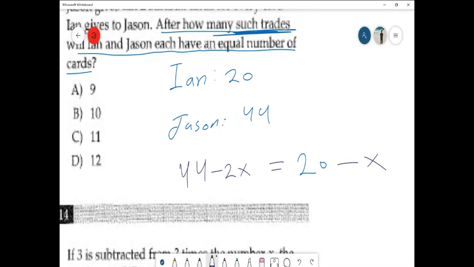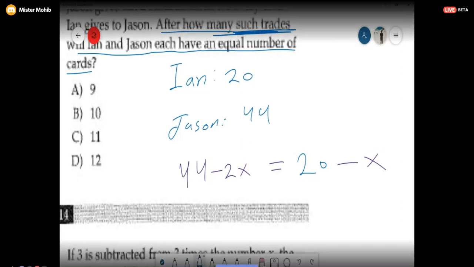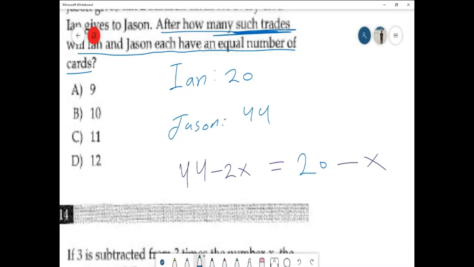Jason gives 2 cards every time, but Ian gives 1 card. Let's say Jason gives 2 cards x times, it will be 2x cards, and Ian gives 1 card each time, so it will be x cards.